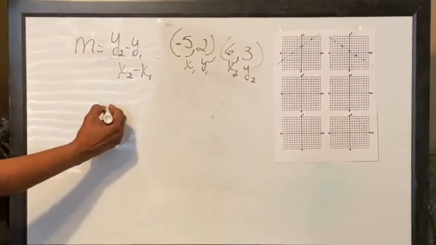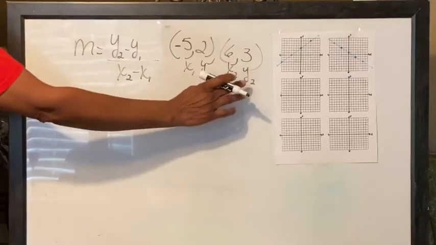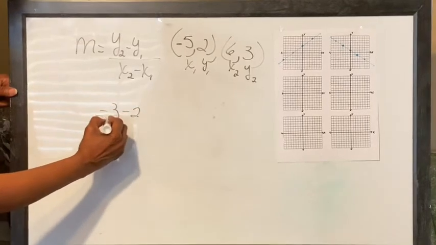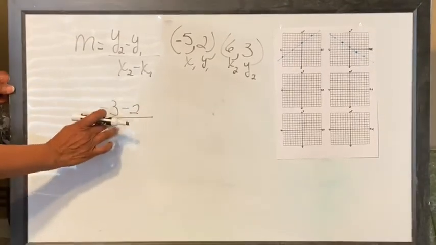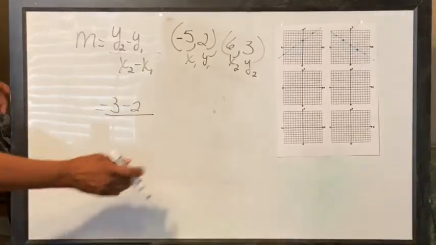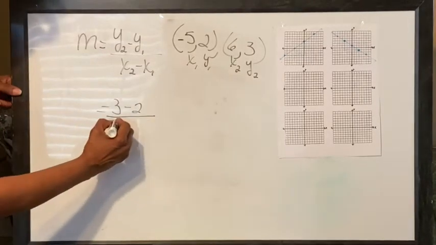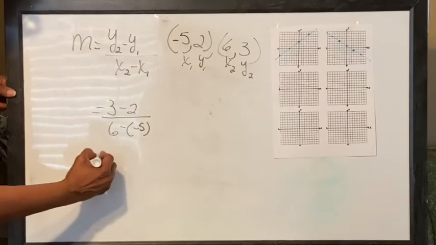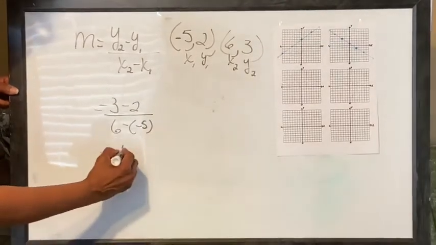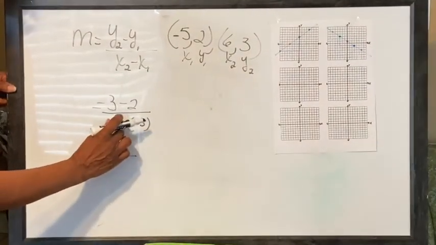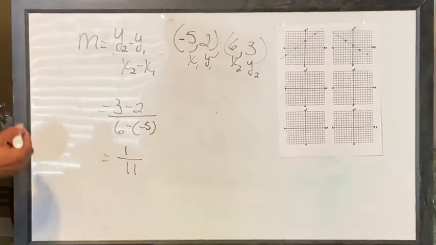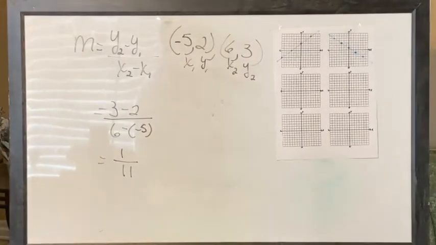And now we're going to substitute. My y sub 2 is 3, so I'll have 3 minus 2 divided by, remember a fraction bar indicates division, my x sub 2 is 6 minus a negative 5. And 3 minus 2 gives me 1. And 6 minus a negative 5 gives me 11. So that means that I have a slope of 1/11.